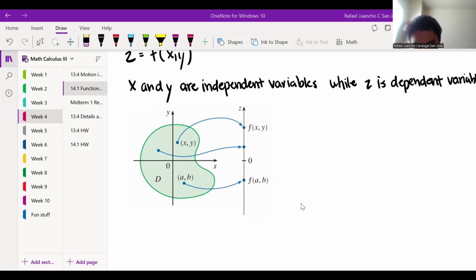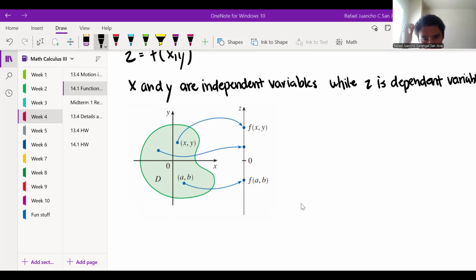So we have a bunch of arrows where the domain D is represented as a subset of the xy plane. This is the entire xy plane, right? It's really an infinite space like that. But the domain is only this green area, a part of it. So it's not the whole xy plane, right?